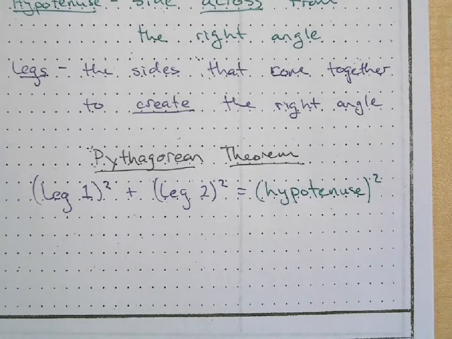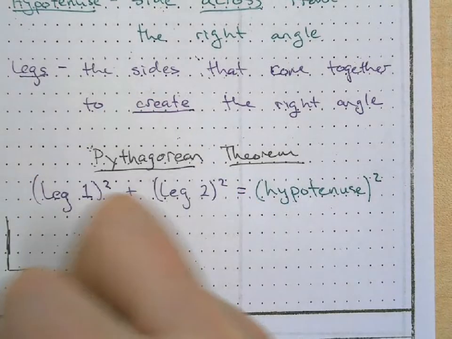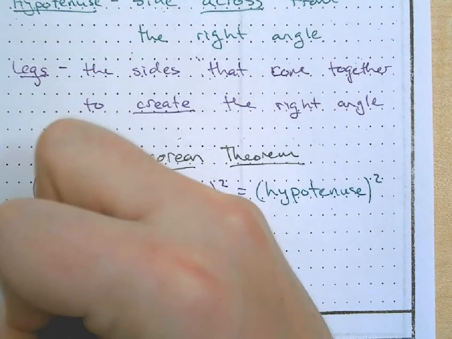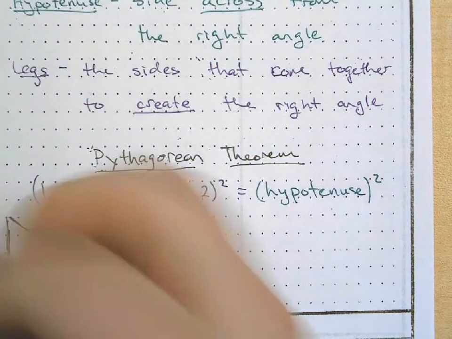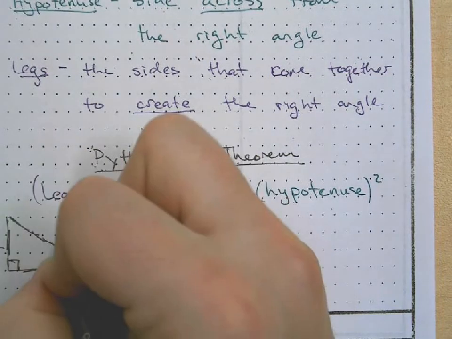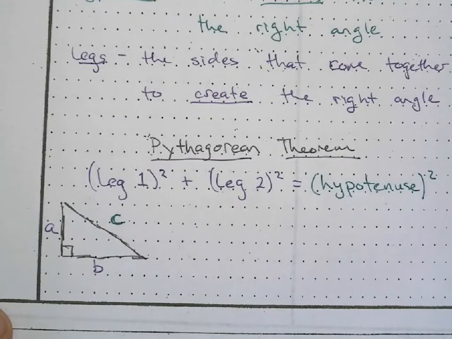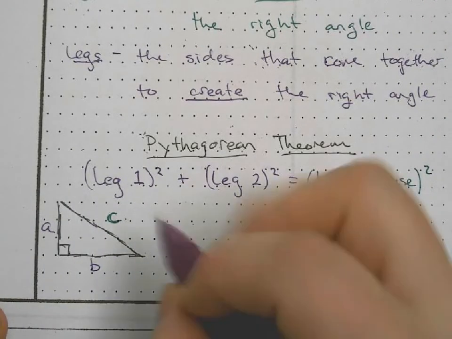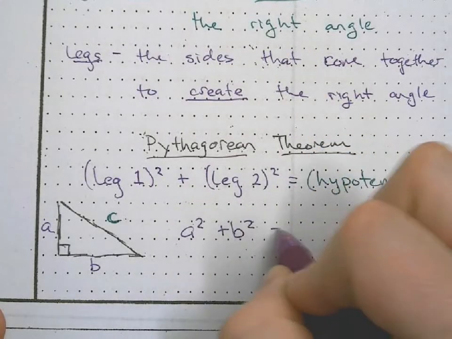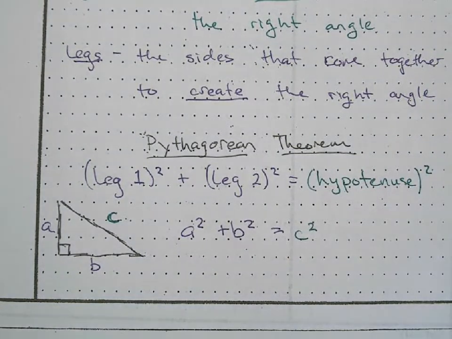But we don't want to write this every time, so oftentimes the triangle is labeled like this, where the legs are A and B, and our hypotenuse is C. And so the equation we tend to build is A squared plus B squared equals C squared.